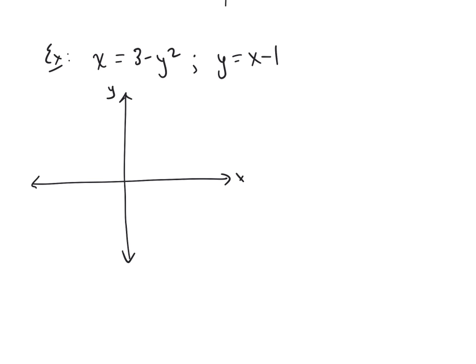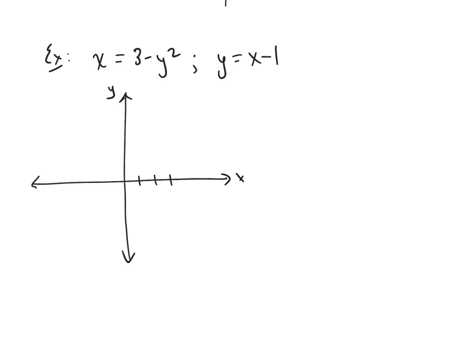Now the issue on this problem is that the first equation is obviously a parabola because you have one variable raised to the first power, the other variable raised to the second power. But it's kind of the other way around. It's not y equals, it's x equals, which means this is going to be a parabola that opens sideways.